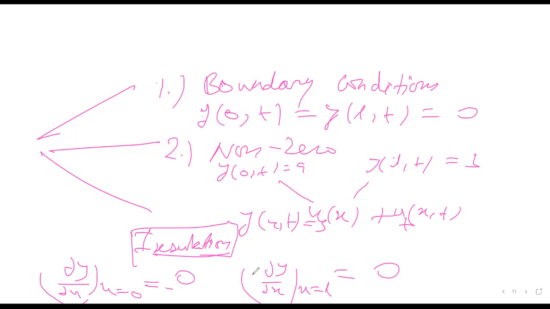If only one point were insulated, then it will give you one boundary condition, and the other can be a zero or non-zero boundary condition. So you have to mix the conditions: you will use this boundary condition, and then also use the insulation condition, that del y by del x at that particular point is 0. So these are the main 3-4 types of questions that are asked.